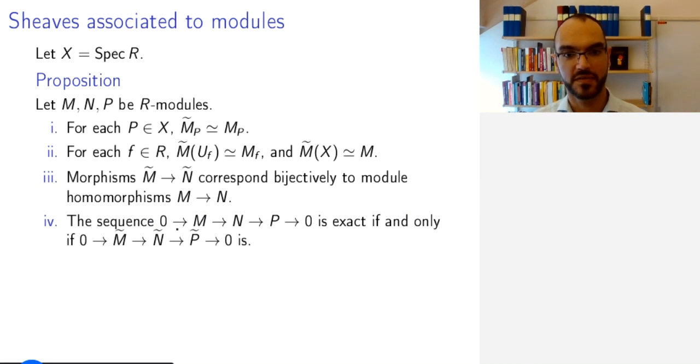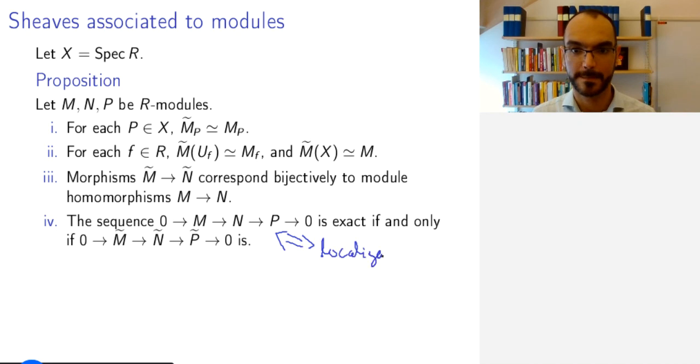Another property is that a sequence of modules is exact if and only if the corresponding sequence of sheaves of modules is exact. This can be proved locally using two properties. First property is that a sequence of modules is exact if and only if it is exact after localization at all prime ideals.